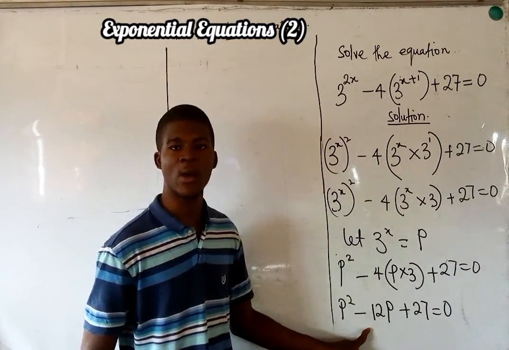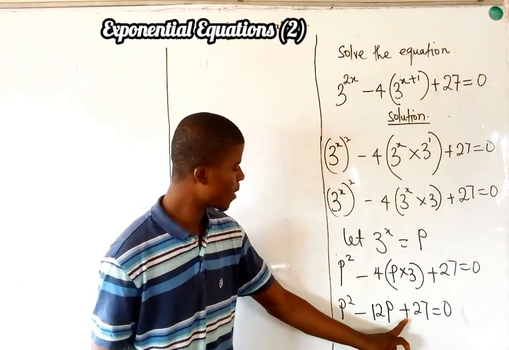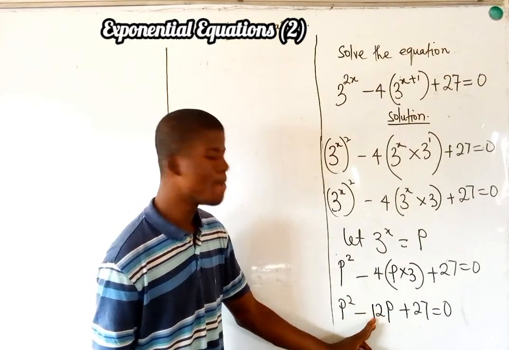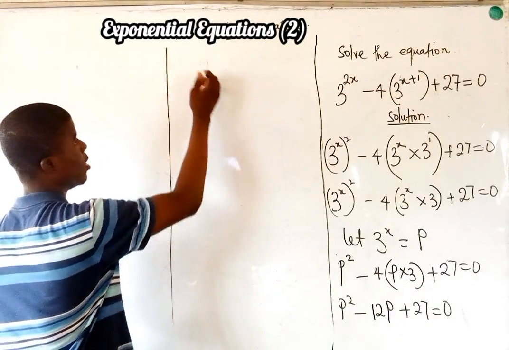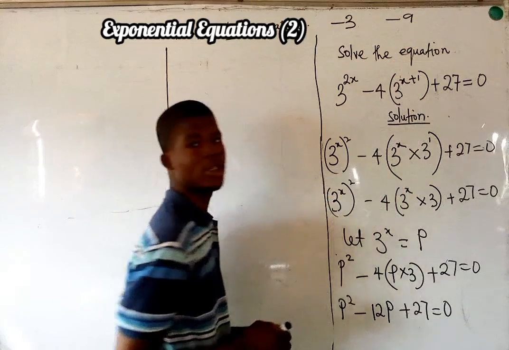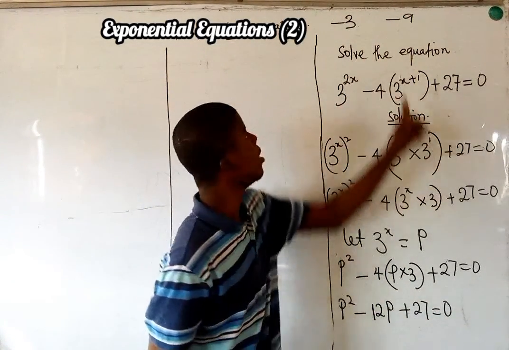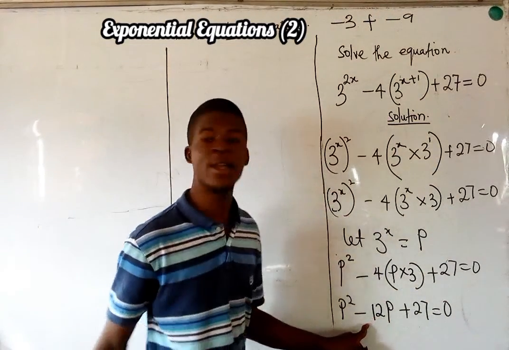Think of two numbers that multiply to give you plus 27, and add to give you minus 12. Those two numbers are no other than minus 3 and minus 9. Let's check. Minus 3 times minus 9 is plus 27. Minus 3 plus minus 9 is minus 12.